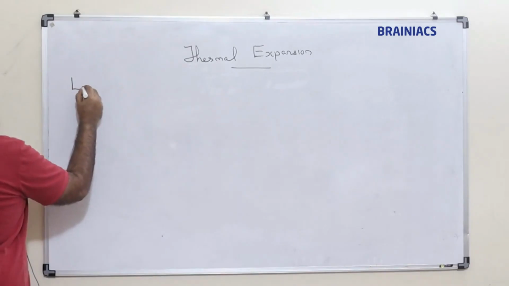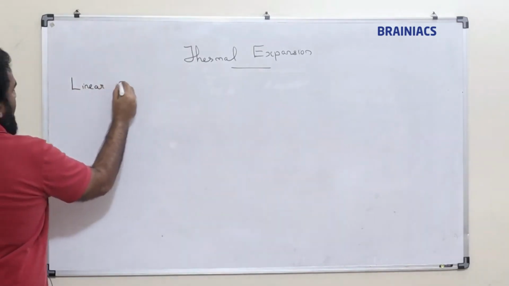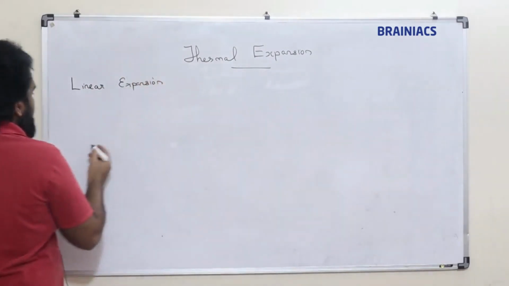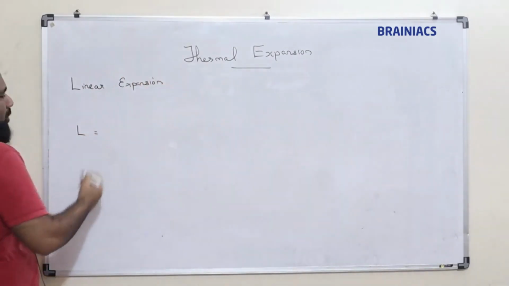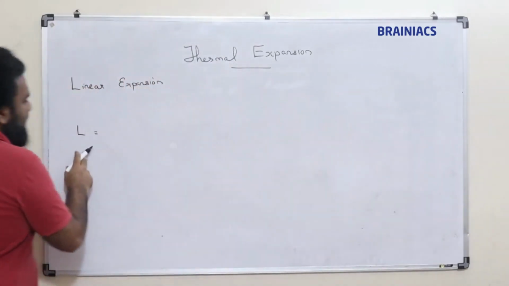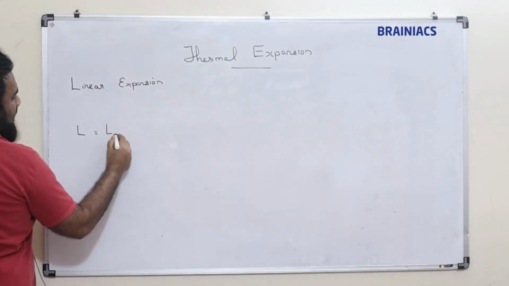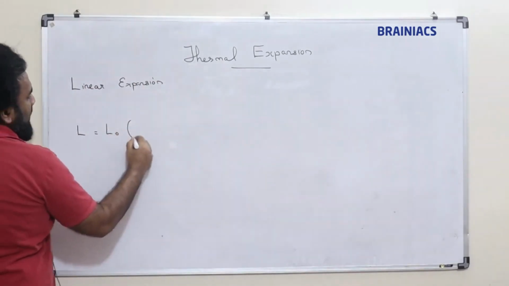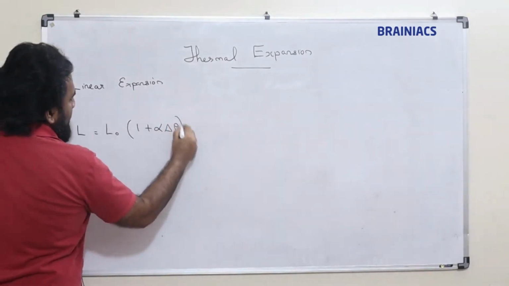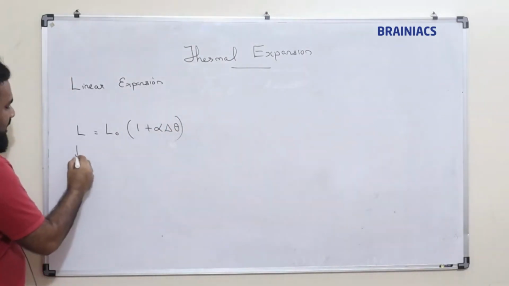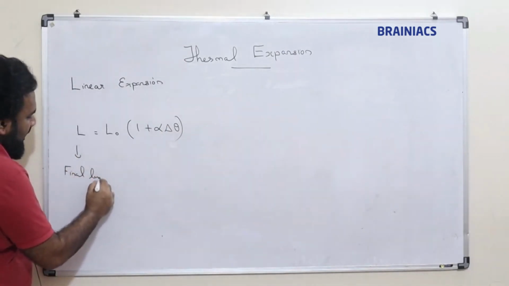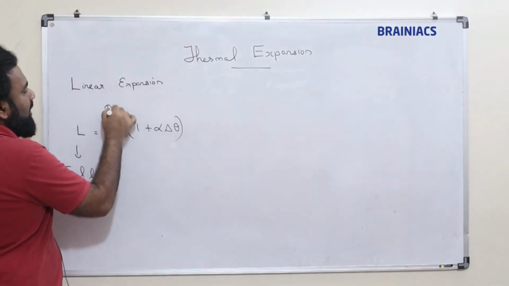So the first one is linear expansion. Suppose we consider a length, L is the final length. L is equal to its initial length into 1 plus alpha delta theta, where L is the final length, that is the length after increasing the temperature.